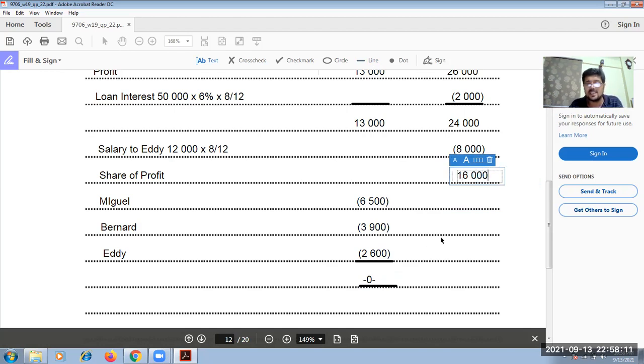16,000 is going to be divided in the new ratio, and the new ratio is 2 to 1. So 16,000 multiplied by 2 divided by 5. 6,400 for Miguel, and definitely the same for Bernard.